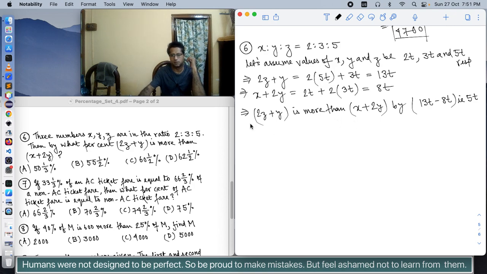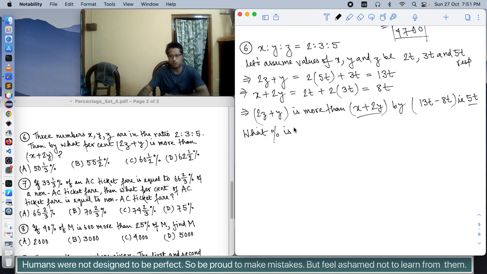So now the question is, we have to find what is the percentage of 5t based on x plus 2y, because it is asking by what percent 2z plus y is more than x plus 2y. So whatever that amount is, its percentage has to be computed based on x plus 2y.